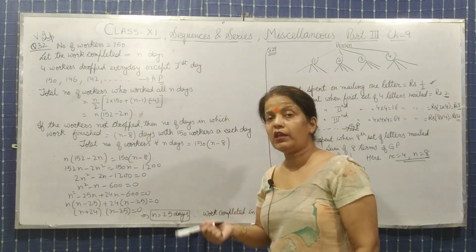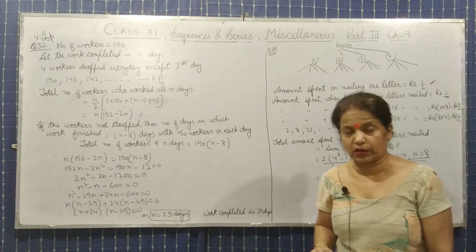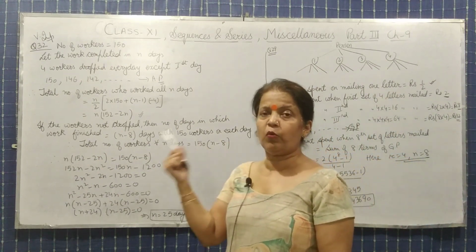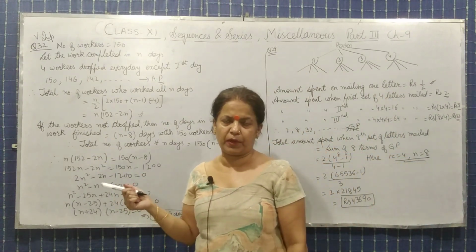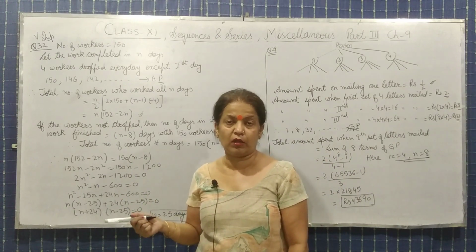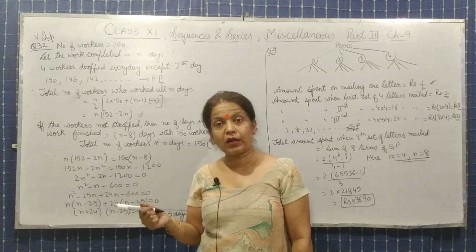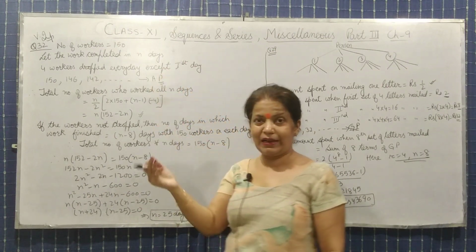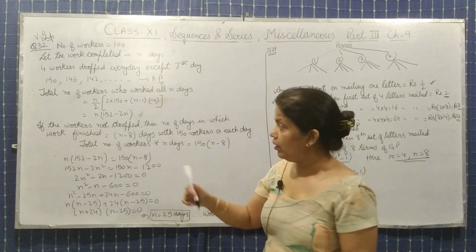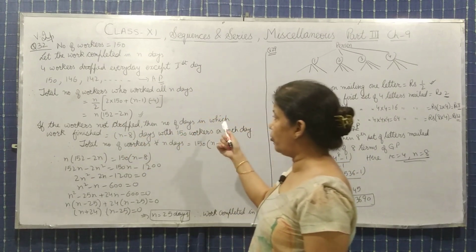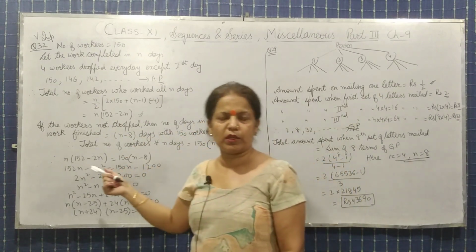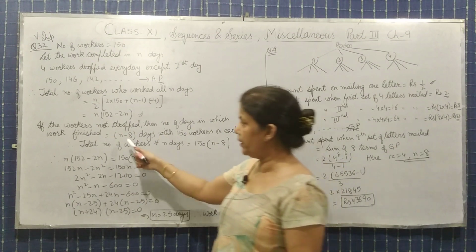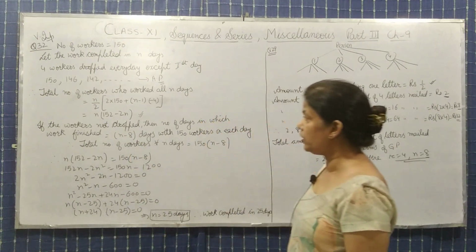अब अगर ये workers drop नहीं करते, means daily 150 workers काम कर रहे होते, तो 8 दिन कम लगते. Whatever be the number of days, उससे 8 दिन कम में काम हो जाता. So if the workers not dropped, then the number of days in which the work will finish will be n minus 8 days.